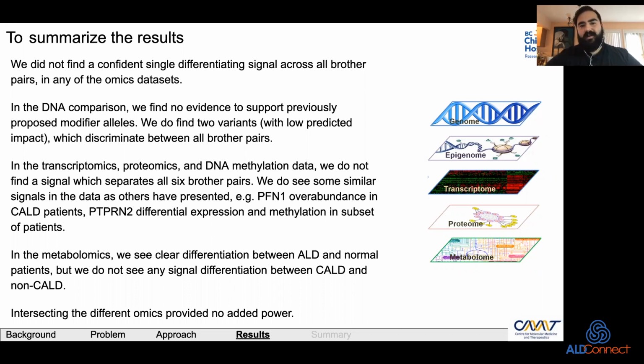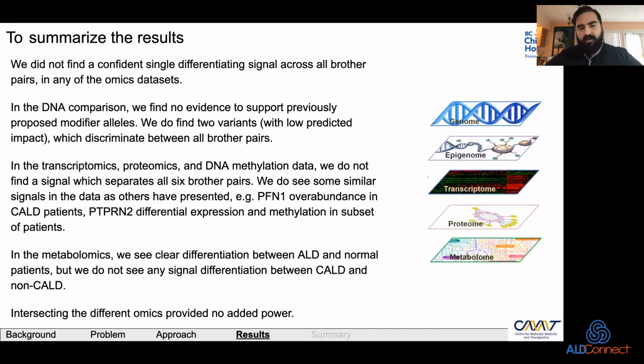And we did find 2 genetic variants, although with low predicted impact, which can discriminate between all brother pairs. In the transcriptomics, proteomics, and DNA methylation data, we do not find a signal which separates all 6 brother pairs. However, we do recapitulate the signal of PFN1 overabundance in a subset of CALD patients.